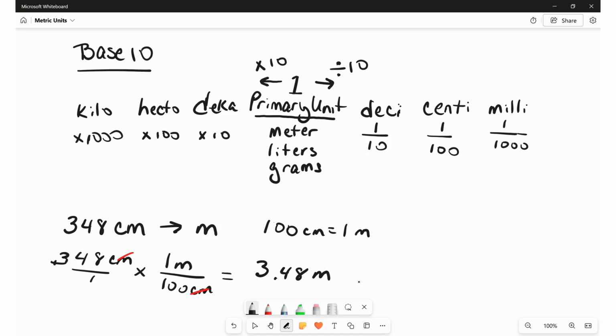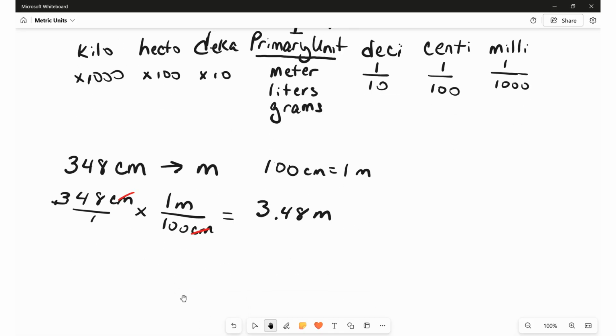However, the neat thing with metric is that we actually don't have to do this if we don't want to. Because what we can do is take that same 348 centimeters, and every number has a decimal point right there at the end of it.